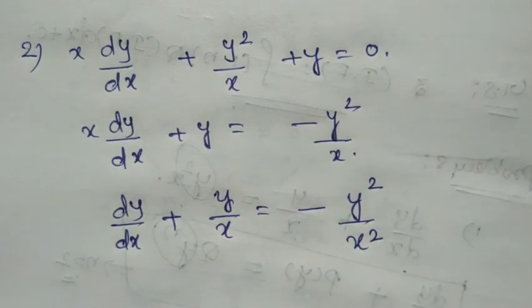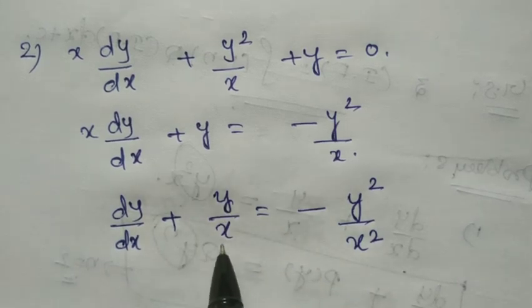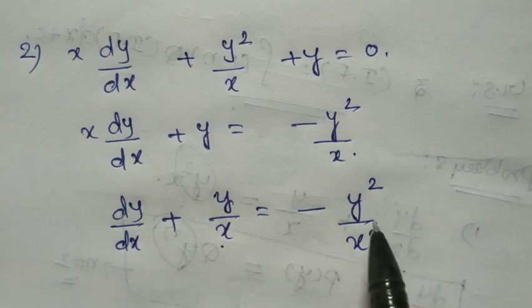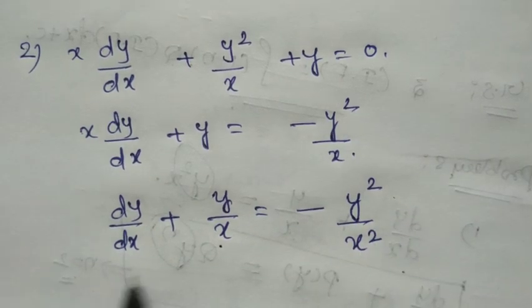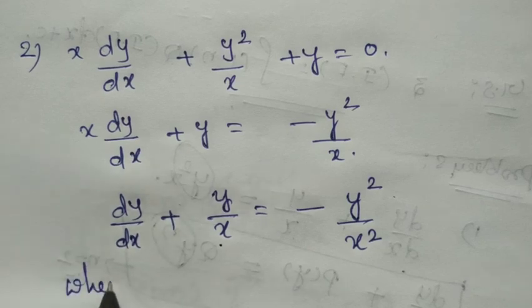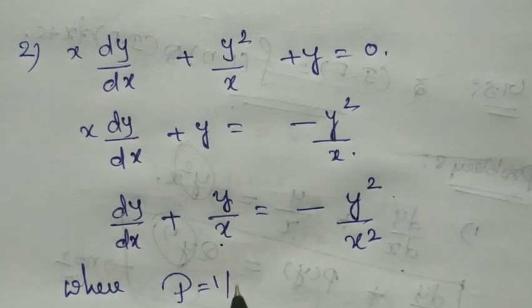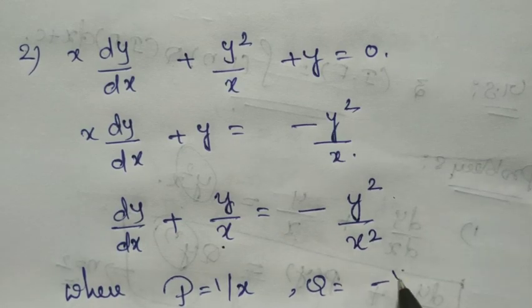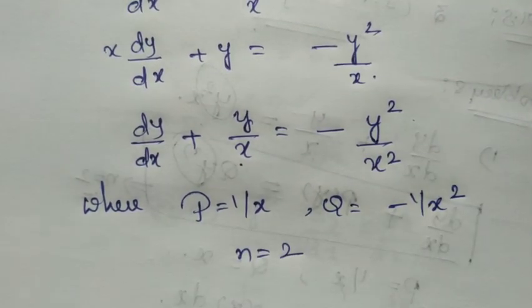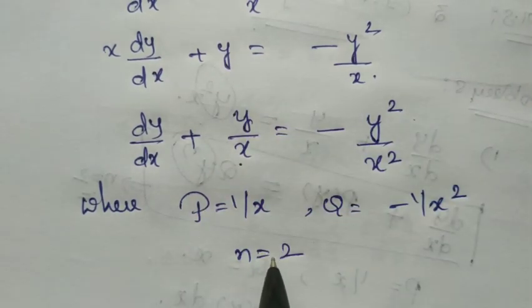So this is in the form of Bernoulli's differential equation, where p equal to 1 by x and q equal to minus 1 by x square and here n equal to 2. So this problem belongs to case 2.